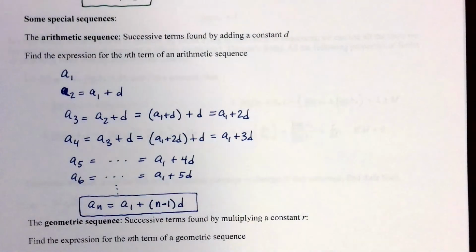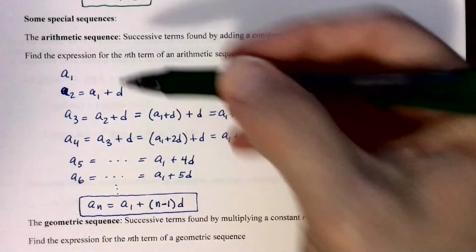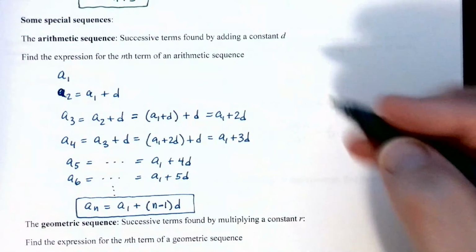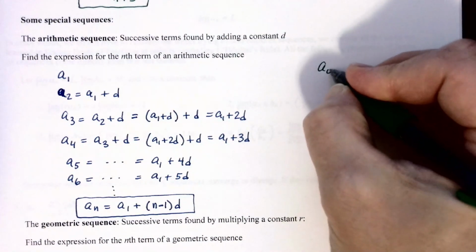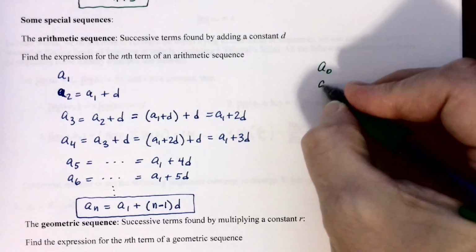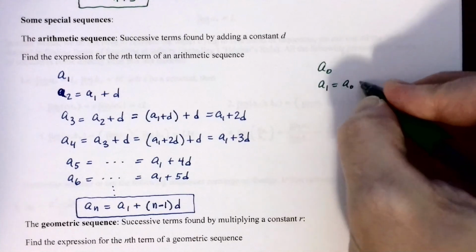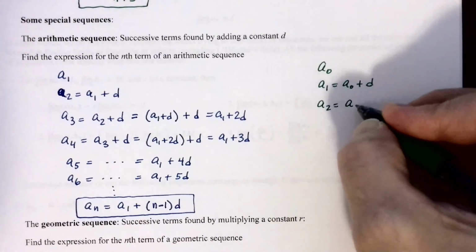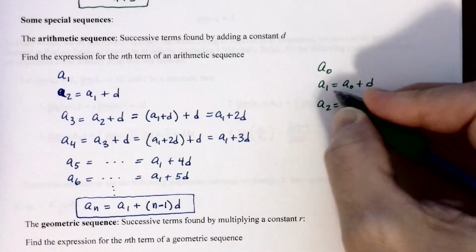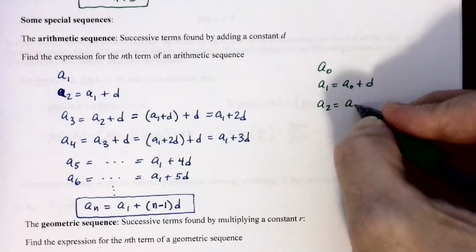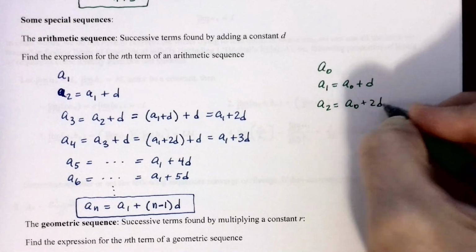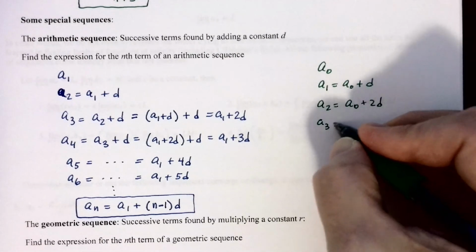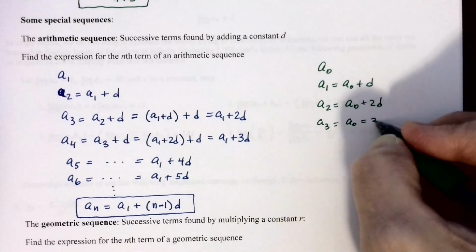Now that was starting with 1, right? We started with 1 as our first. What if we started with 0, a sub 0? Then a sub 1 would be a sub 0 plus d. A sub 2 would be a sub 1 plus d, or a sub 0 plus what? 2d. A sub 3 would be a sub 0 plus 3d.